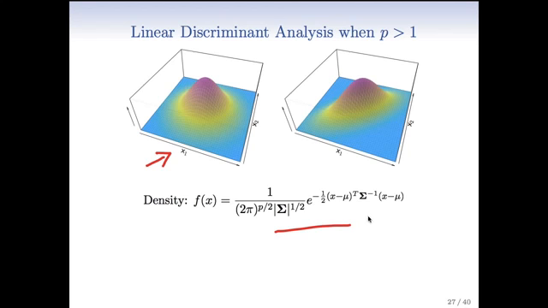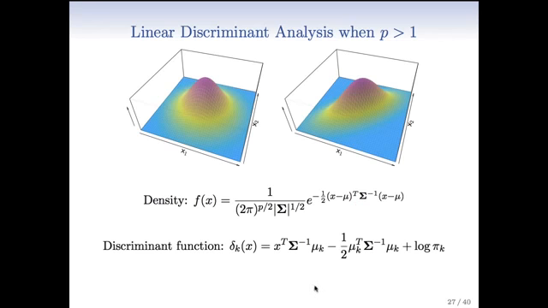Anyway, this is just a generalization of the formula we had for a single variable. This here is called a covariance matrix, and if you stare at this formula and the previous formula, you'll see that there are similarities, especially if you know a bit of vector algebra. If you go through the simplifications, if you know your linear algebra, you can do the cancellation similar to what we did before.